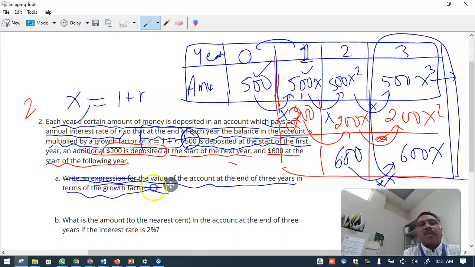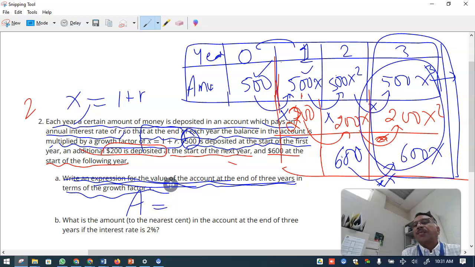So to write an expression for the account at the end of 3 years, your answer is the total of this part, which is 500x cubed plus 200x squared plus 600x.